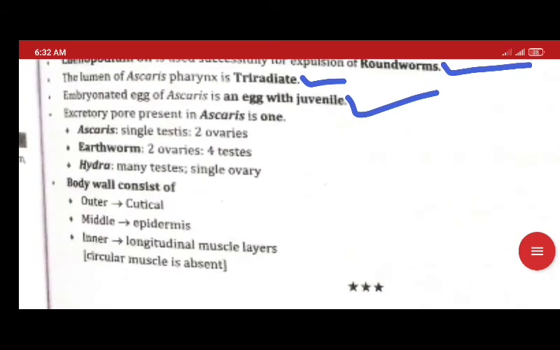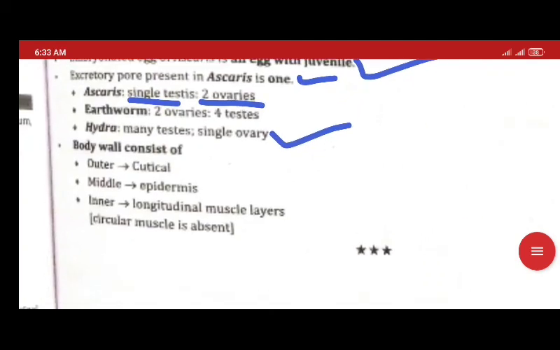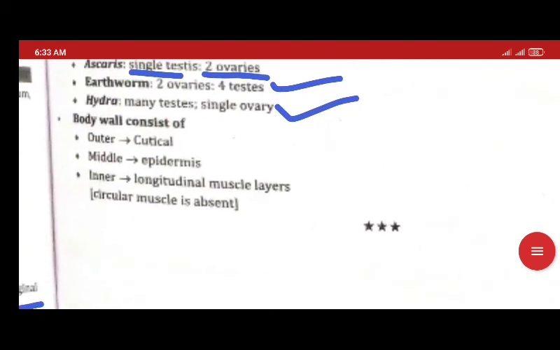Now the Ascaris point: Ascaris has a single testis, so monorchic, we can say, and two ovaries, so diovarian. In Hydra there are many testes and a single ovary. In earthworm there are 2 ovaries and 4 testes. The body is composed of outer, middle and inner layers.